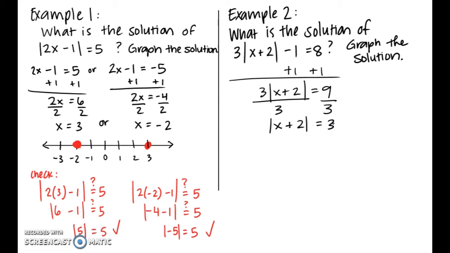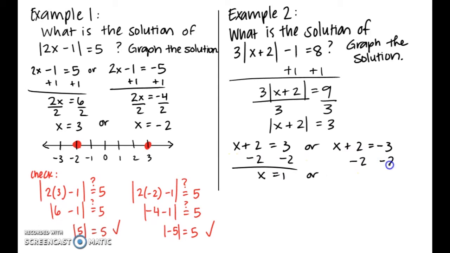Now, this is pretty similar to example 1. We're going to have x + 2 = 3 and x + 2 = -3. And then from there, it is a one-step equation. So we're going to subtract 2 from both sides for both equations. And we get x = 1 or x = -5.